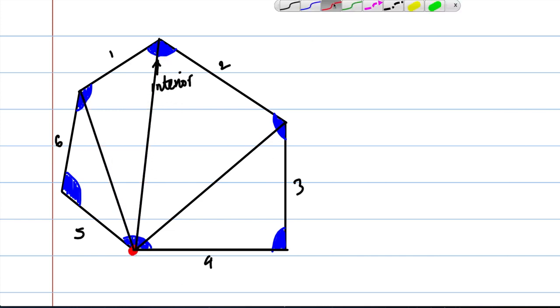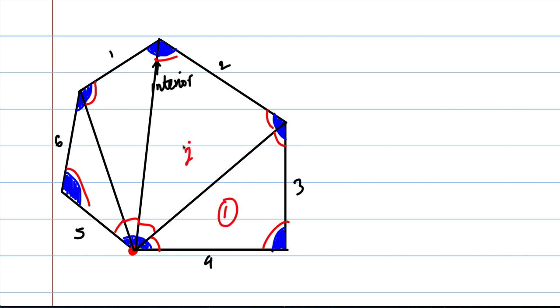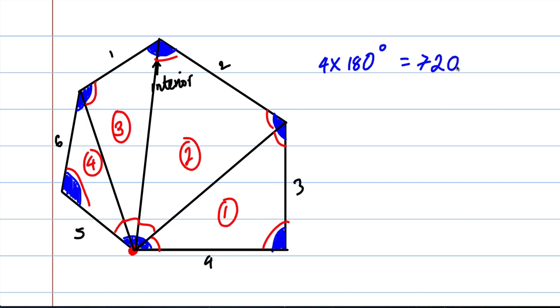Now inside, we have created four triangles where the angles are as follows. So we have four triangles, 1, 2, 3, 4. Inside each triangle, the interior angles sum to 180, so we've got four 180s, and 4 times 180 is 720, and that's the sum of all the inside angles.